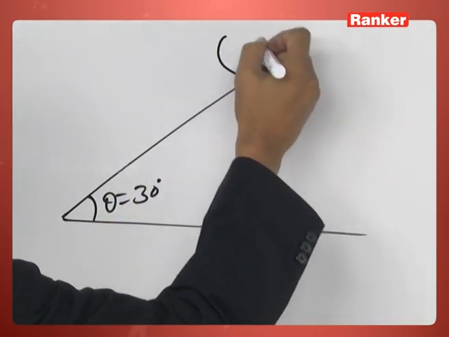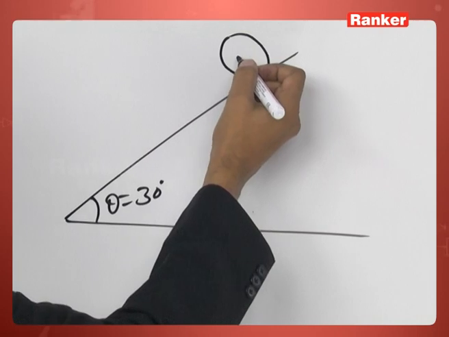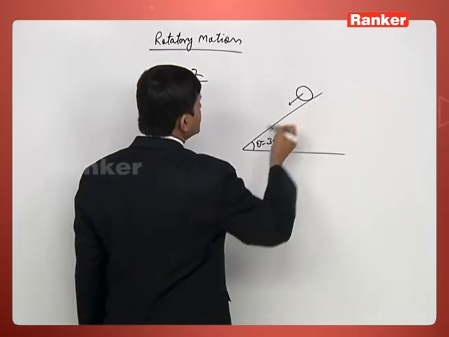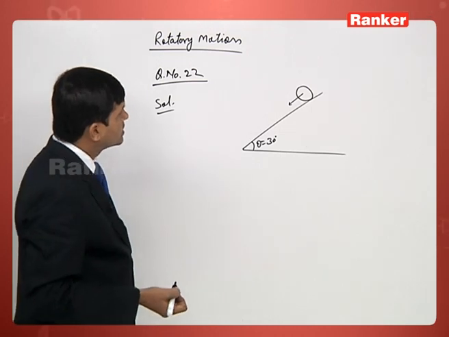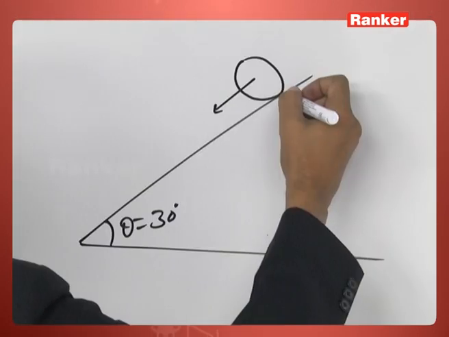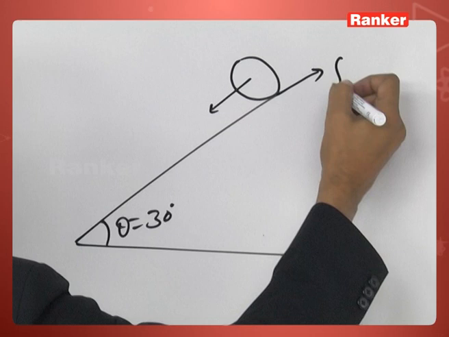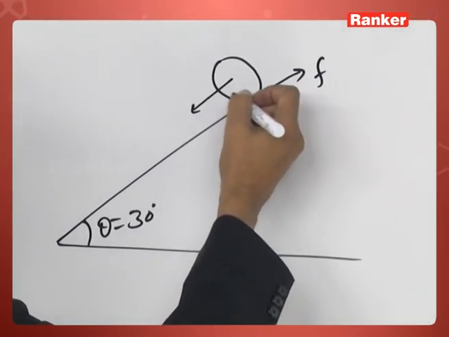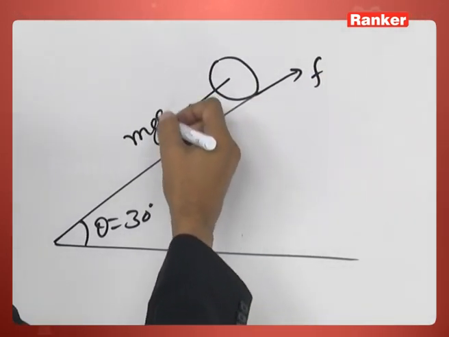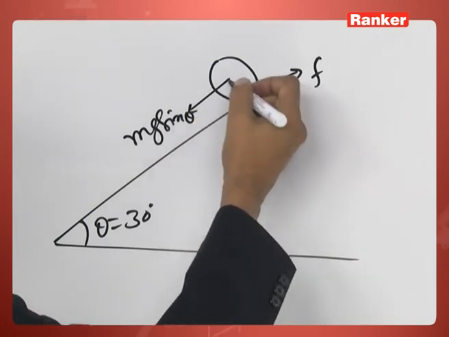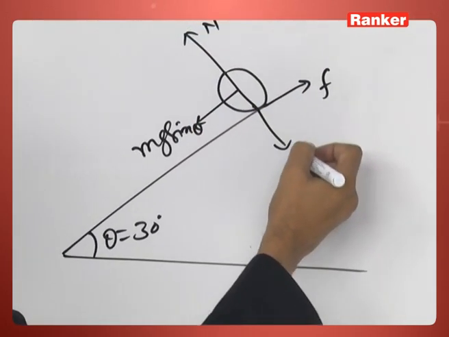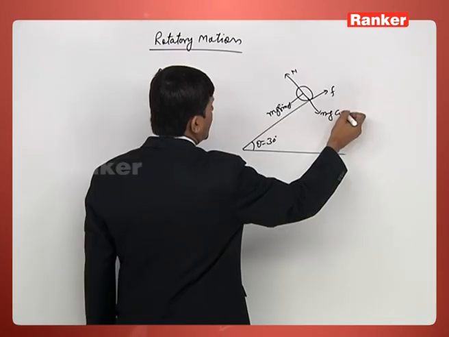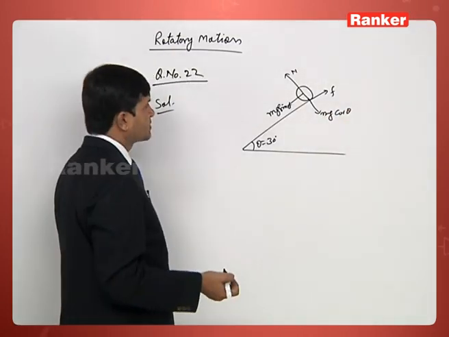This is a solid ball. As soon as it starts moving under the effect of gravitational force, the friction force starts acting. So we are resolving the forces: mg sin theta, normal, mg cos theta.